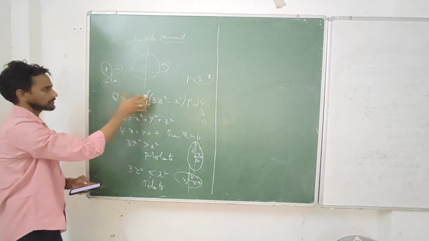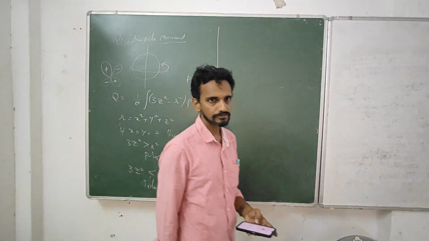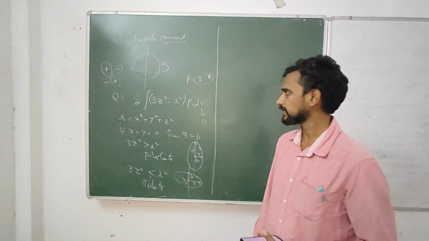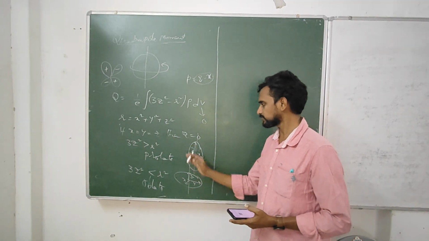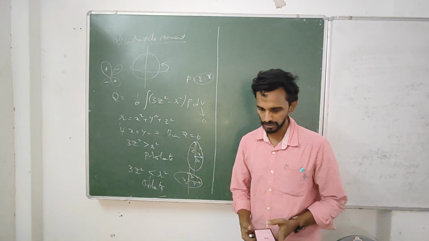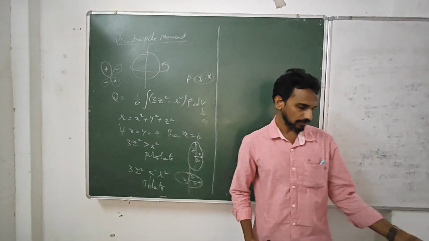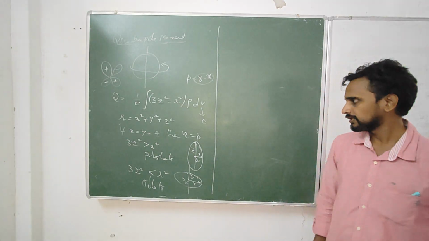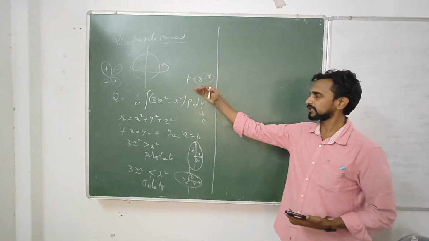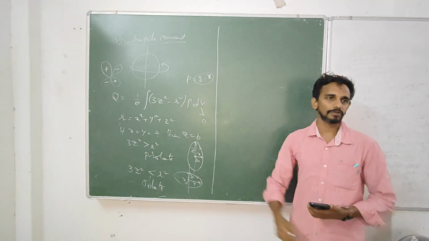So the charge distribution equation is this. For this kind of charge distribution, we may have two different shapes of the nucleus. So if it is not perfectly spherically symmetric, then we'll have contributions for quadrupole moment.